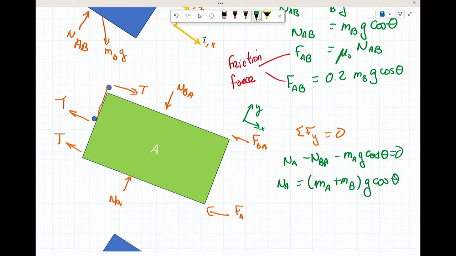One thing you should notice at this point is that I have not included directly the weight of block B. I've transmitted the weight of block B, or the components of block B, through that normal force.